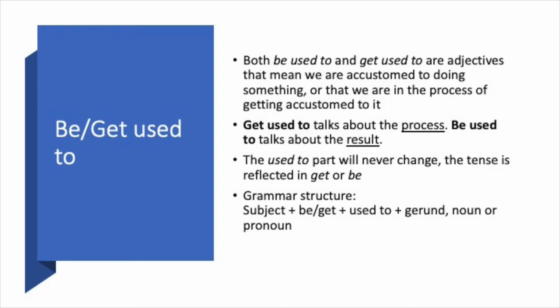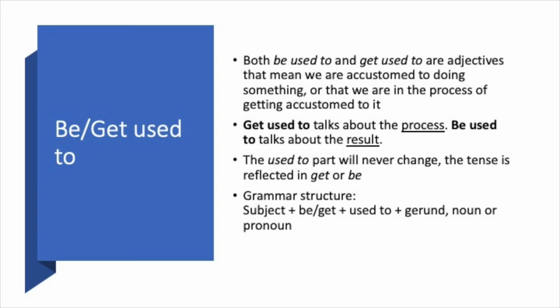Now let's talk about be or get used to. The verb to be plus used to expresses that we have formed a habit now, that we are accustomed to something already. Get used to expresses that we are in the process or that we went through a process of forming a habit or getting accustomed to something.